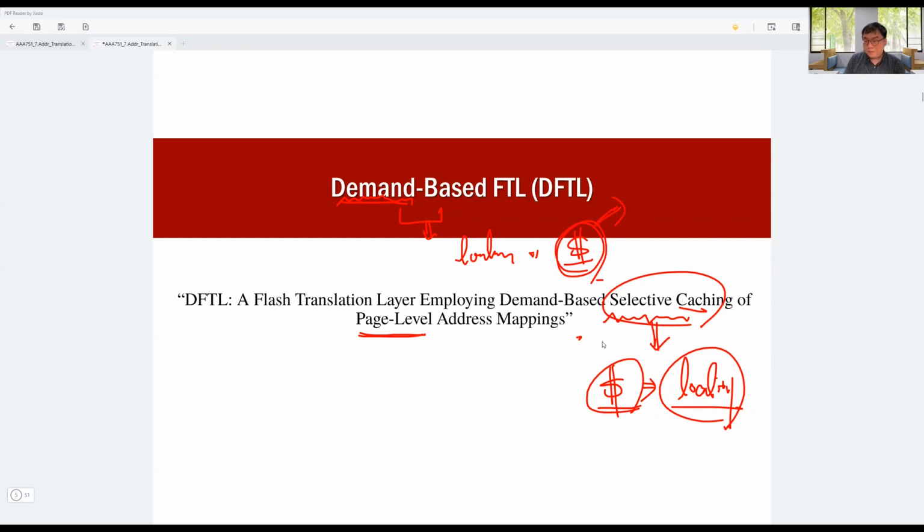So for the highly demanded pages, we can store this page mapping information inside of the cache. So what is the cache in SSD? Cache is fast memory, but expensive and small. So what is this kind of memory inside of SSD?